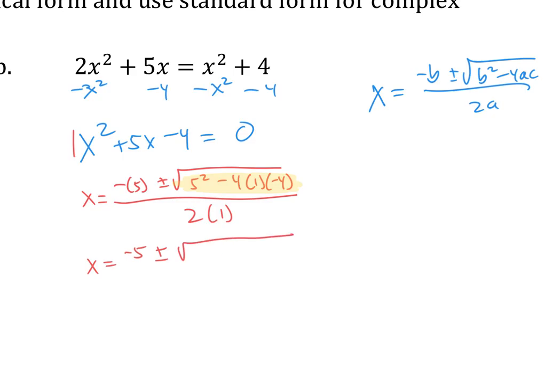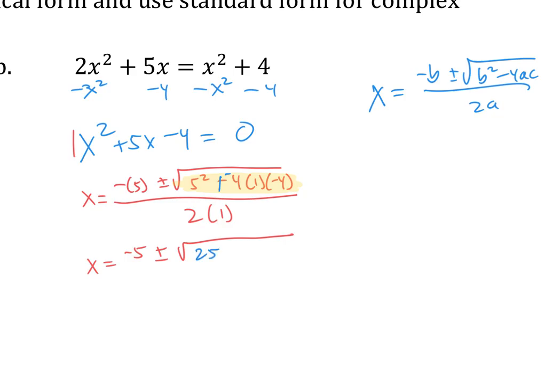Now, the best way I think to think about this is minus 4 or plus negative 4. So if you think of this as plus negative 4, then we have negative 4 times 1 times negative 4. Well, that negative times a negative is a positive.